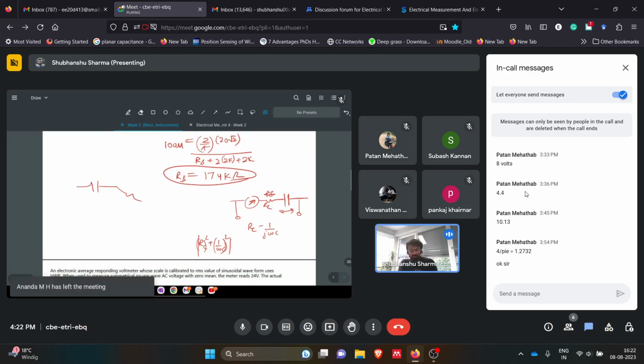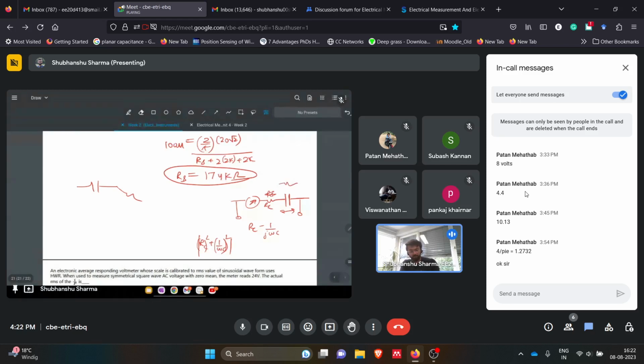In one way we can say, when we are using the series resistance here instead of capacitor, ultimately the resistance of that is increasing. Instead of RC we are having RC plus RS. But if we add a capacitance, then we will talk about impedance.